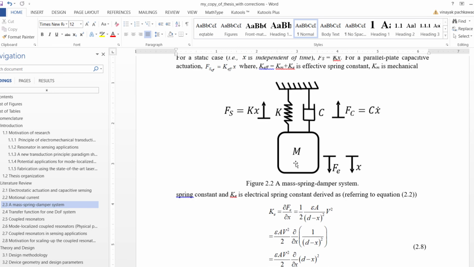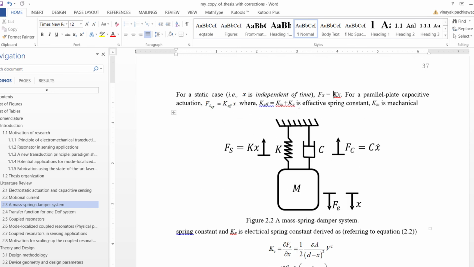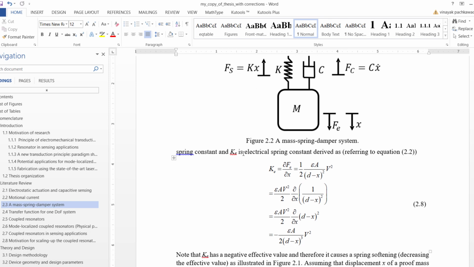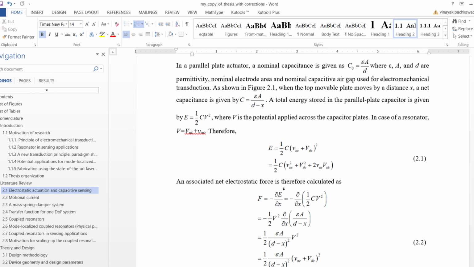And how to derive an expression for Ke then? We can get an expression for Ke by differentiating the applied electrostatic force Fe with respect to x. So we know that Fe is basically half times epsilon A over (d minus x) whole square times V square. We can recall this expression that we have done.